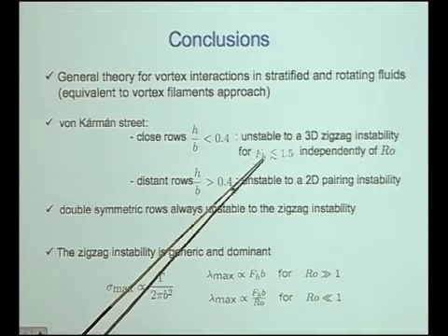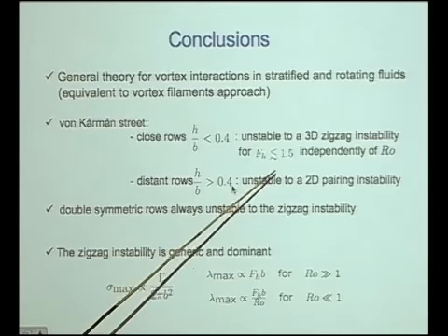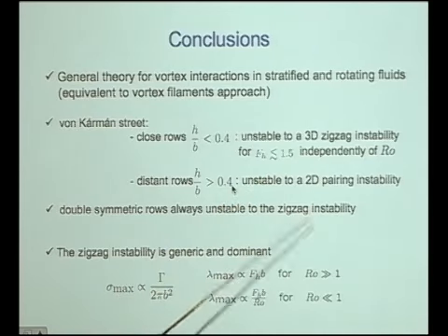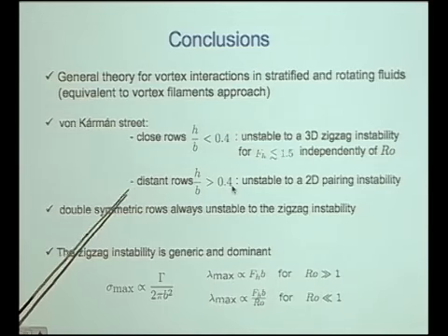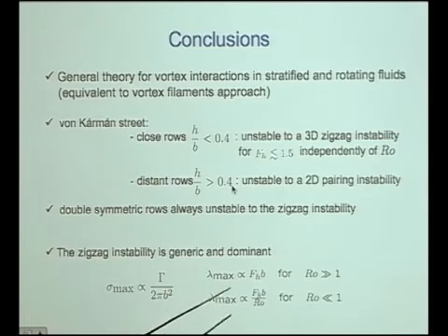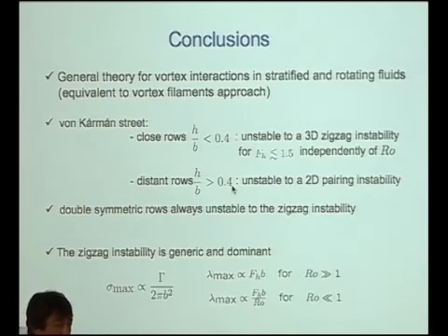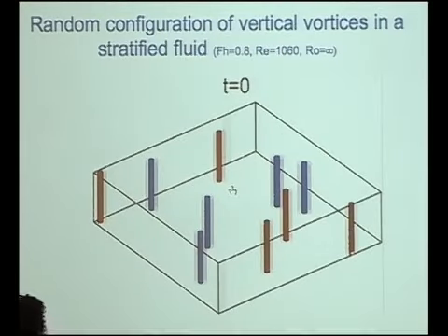This has shown that the von Karman street is unstable to the zigzag instability when the spacing ratio is below 0.4, and this occurs when the Froude number is typically below 1.5, independent of the Rossby number. When the rows are distant, the dominant instability is the pairing instability, and the symmetric double row is also unstable to the zigzag instability.